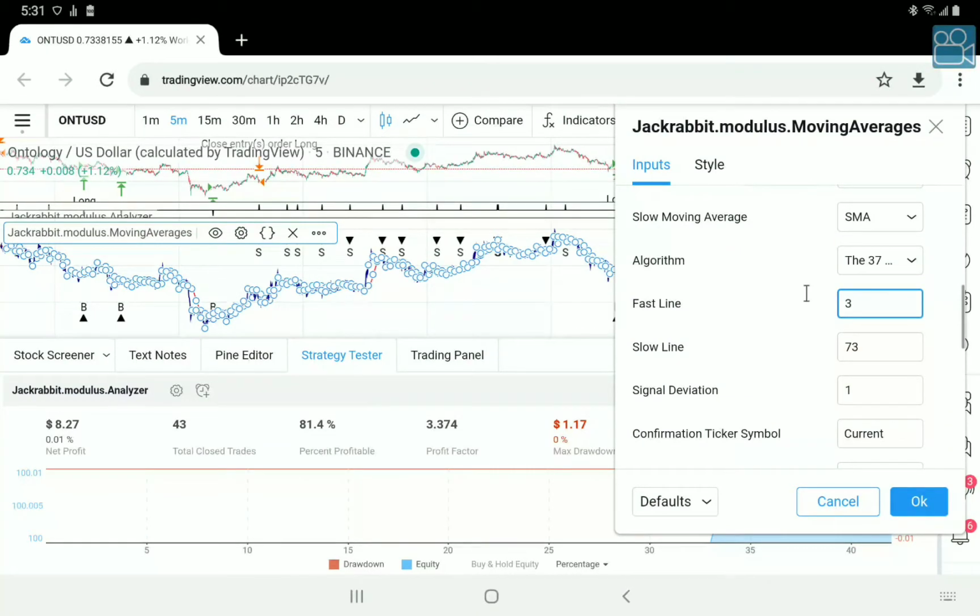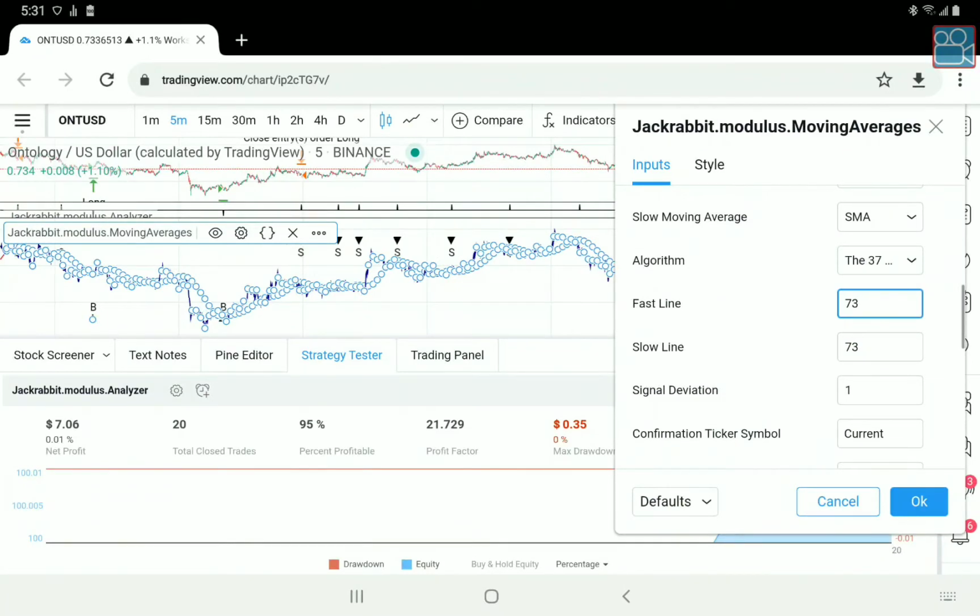All right, let's try 73. Let's try a longer range. All right, that's too high, so let's go to 55. Basically, I am using this number here. But the thing of it is, this is something that I can't ignore. 95% success rate.